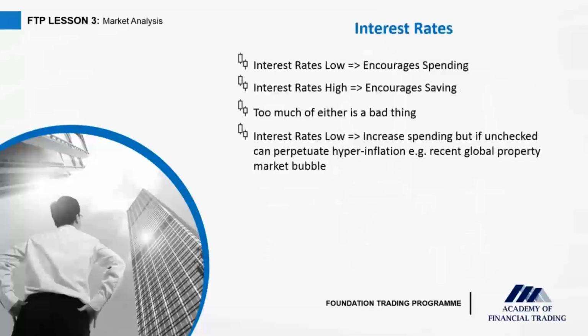If the interest rates are too low, this leads to increased spending. But if it goes unchecked, it can actually perpetuate what's called hyperinflation. Now, we've seen a form of hyperinflation in the recent global property market bubble, for example. Now, the world's first recorded example of hyperinflation actually came during the French Revolution, where monthly inflation actually peaked at 143%.